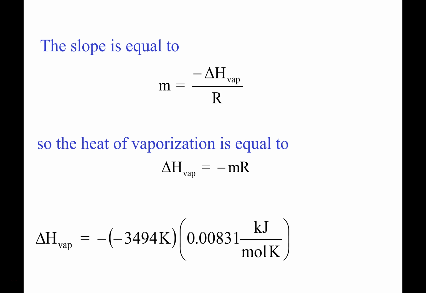Heat of vaporization is equal to negative 3,494 Kelvin times R, which is 0.00831 kilojoules per mole Kelvin. The Kelvins cancel out, we have units of energy, kilojoules per mole, which is awesome. Rounded to 3 significant figures, we have the heat of vaporization. It's 29.0 kilojoules per mole.